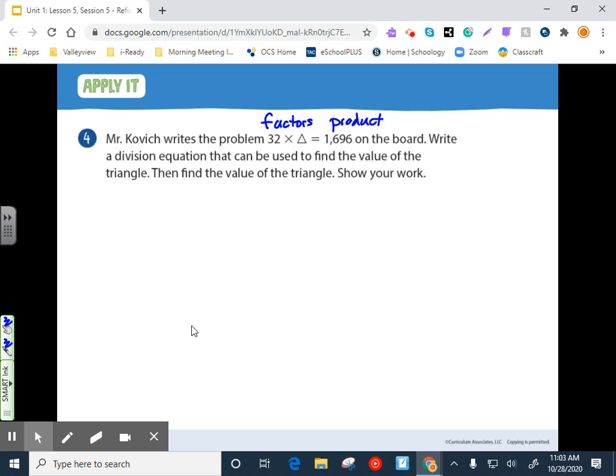Again, multiplication and division are what they call inverse operations, so they kind of undo each other. So we're going to use division to undo this multiplication problem and find out what that other factor is. Let me show you how to do that. Take your product, which in this case is going to be our dividend, and then take the factor we know, which is 32, because we know the divisor multiplied by whatever the quotient's going to be is going to give us that dividend.